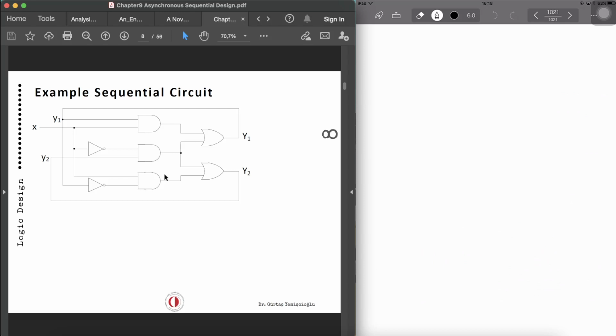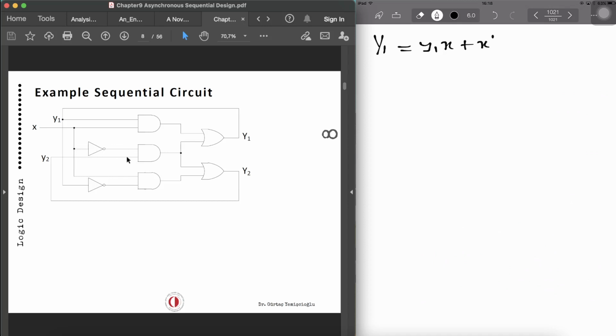So let's start with Y1. What is the next state equation for Y1? Y1 is present state y1 and x, or x prime and y2.